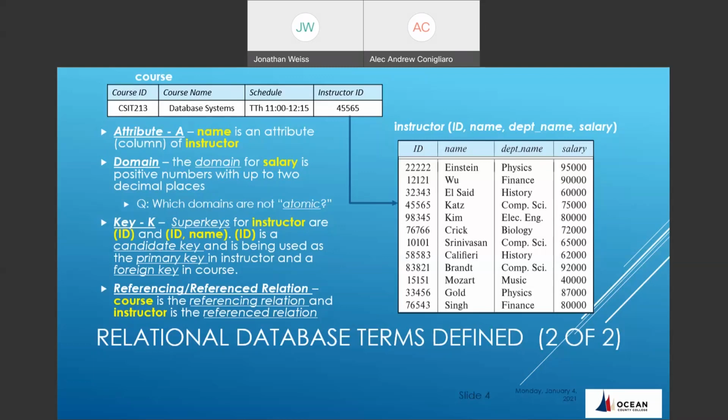And what relation am I looking at? I'm looking at course. That's the relation I'm looking at. Okay, but what do I want to know about those records where the instructor is 22222? I only want to know the course name, right? That's all I want to know.